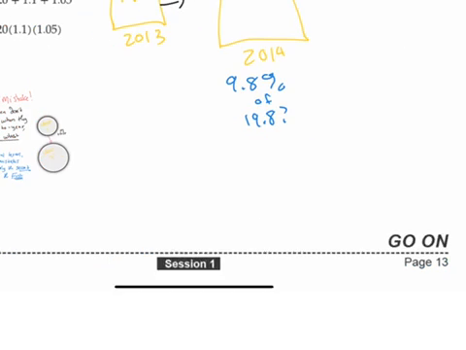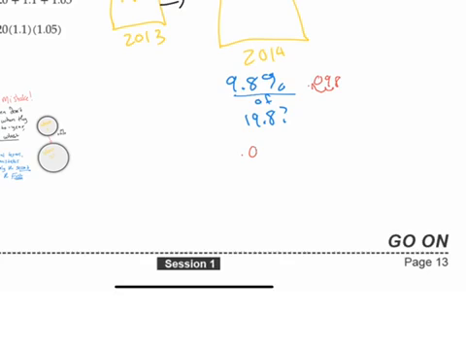And of course, the way we would do this is that 9.8% is the same thing as 0.098, right? A decimal. We just take the point and we move it to the left 2 times. And that's a strategy for changing percentages into decimals.